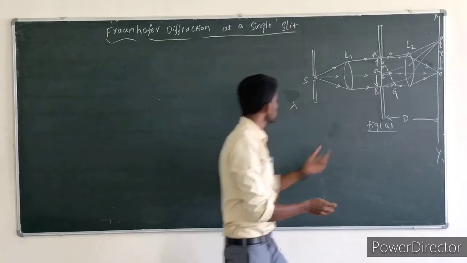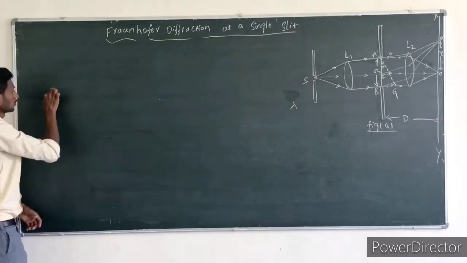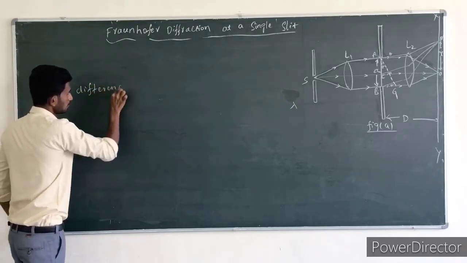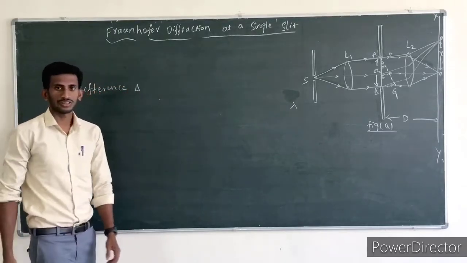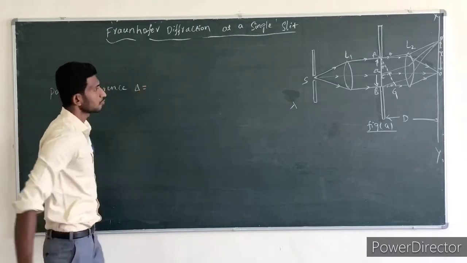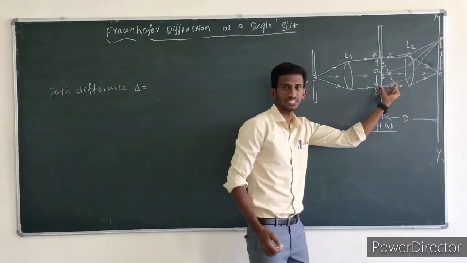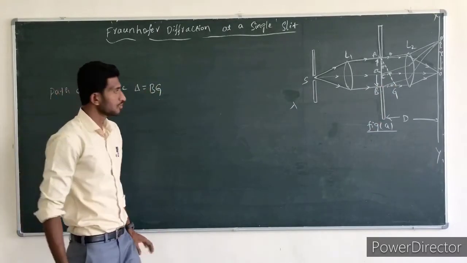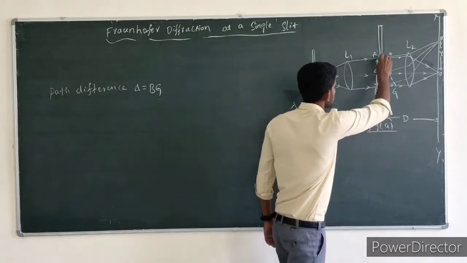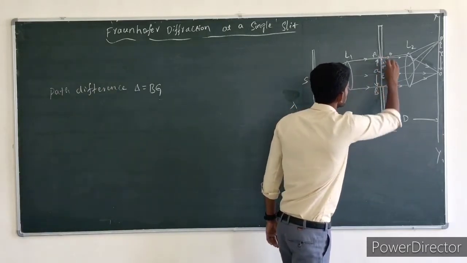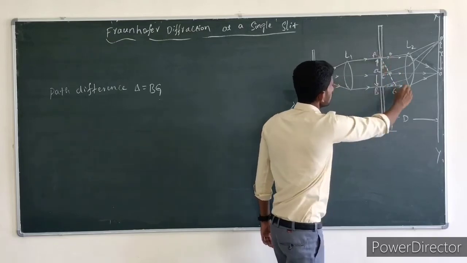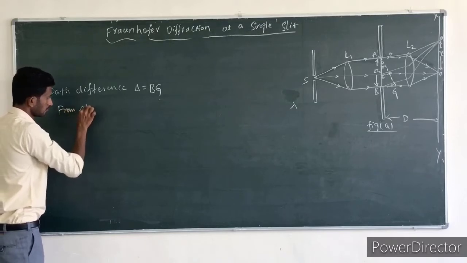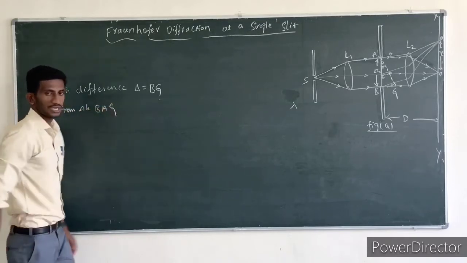Now, here the path difference, we represent with the symbol delta, is equal to BG. We have to find BG. So now consider this triangle BAG.